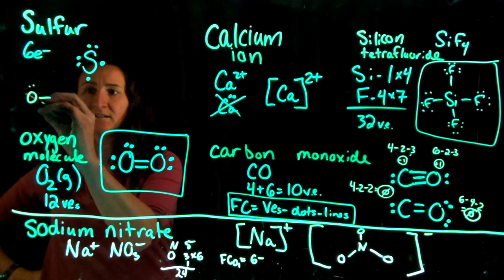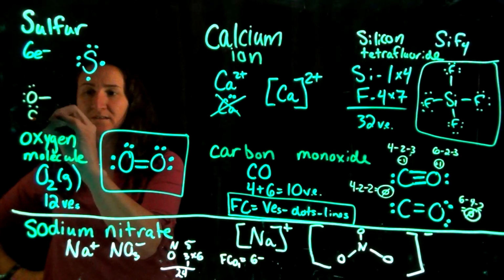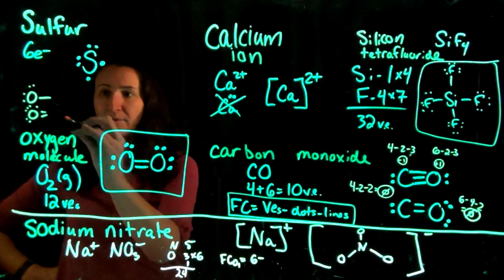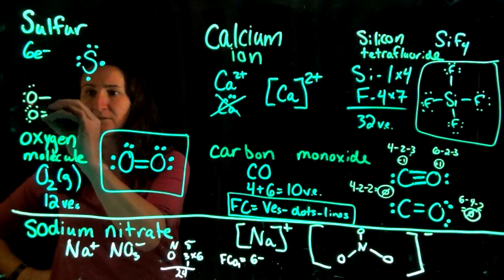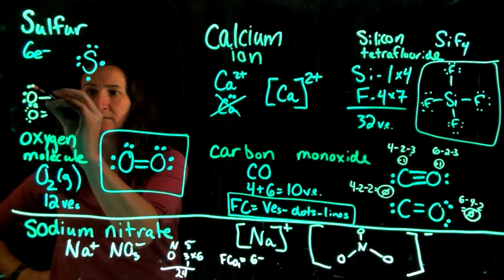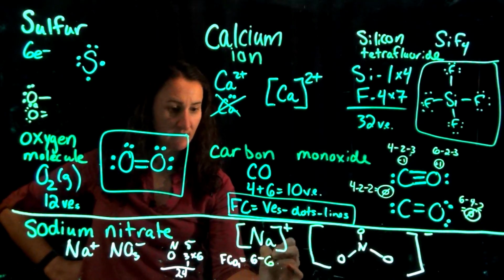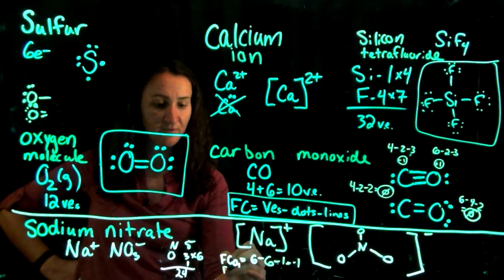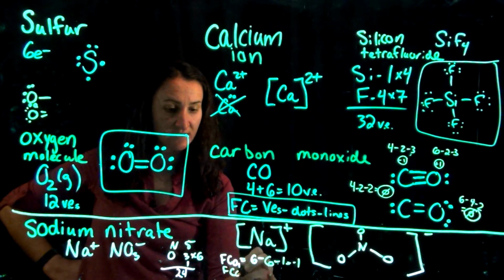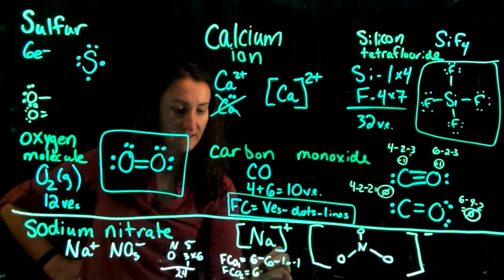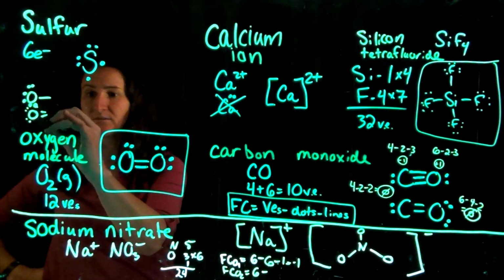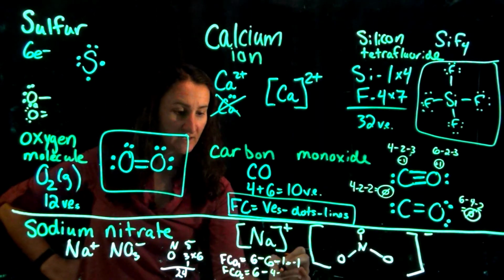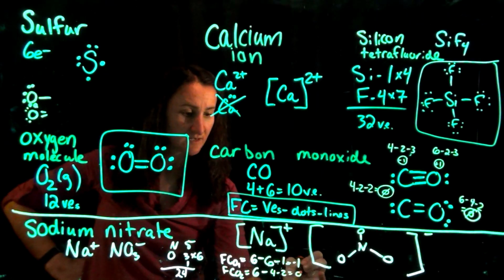Oxygen single bond looks like this, whereas oxygen double bond looks like that. So a single bond oxygen has 1, 2, 3, 4, 5, 6 dots and 1 line. So that's -1. Whereas the formal charge of a double bonded oxygen is 6 minus my dots here is 1, 2, 3, 4 minus 2 lines equals 0.